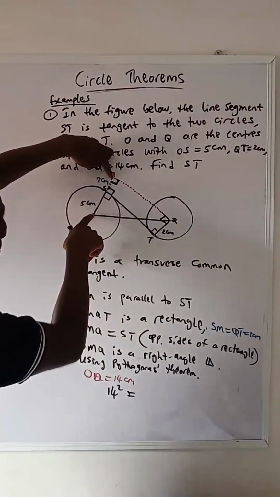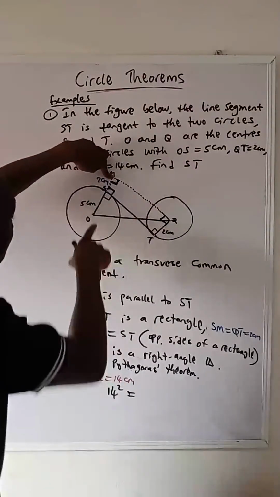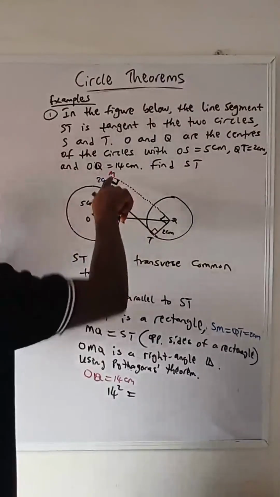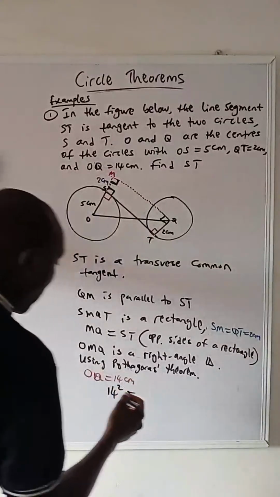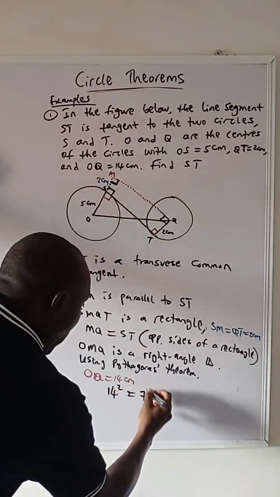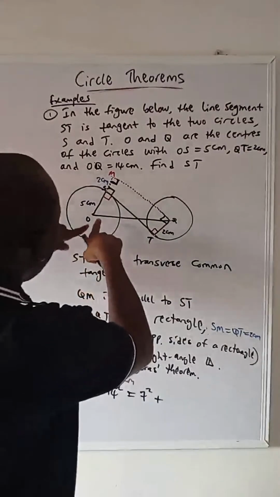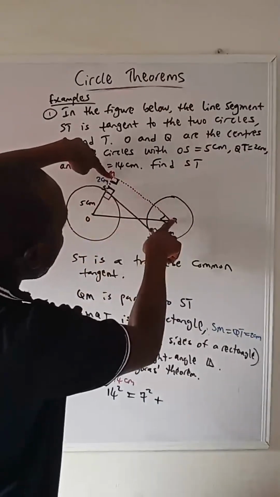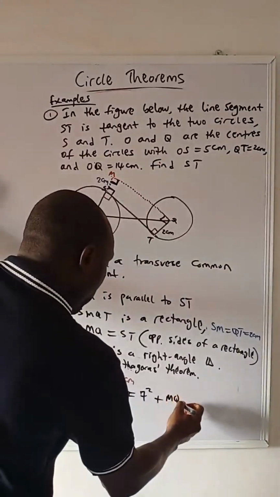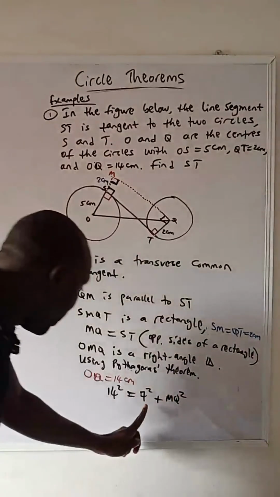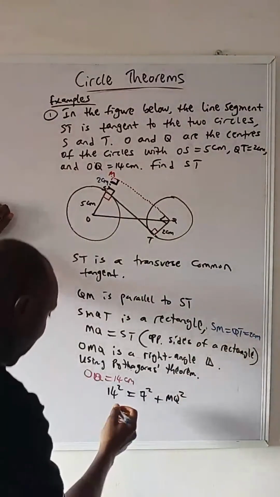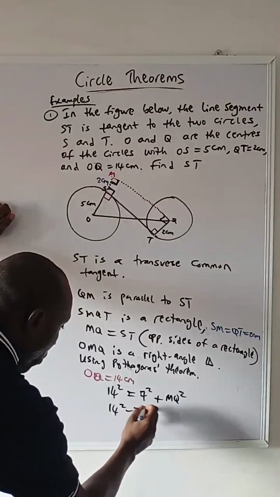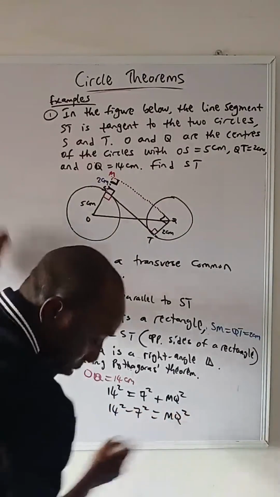From O to M is 7 centimeters, because 5 plus 2 is 7. So that would be 7 squared plus MQ squared. So when you take this over to the left-hand side, we have 14 squared minus 7 squared is equal to MQ squared.